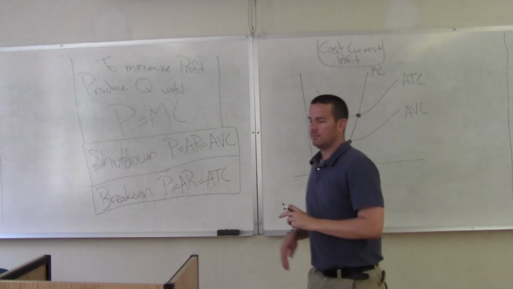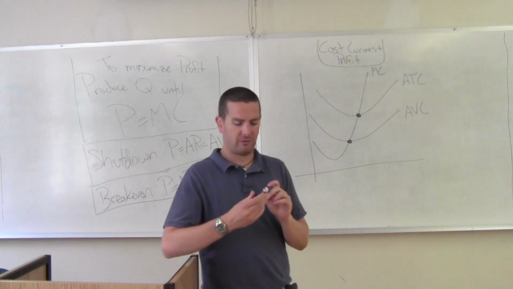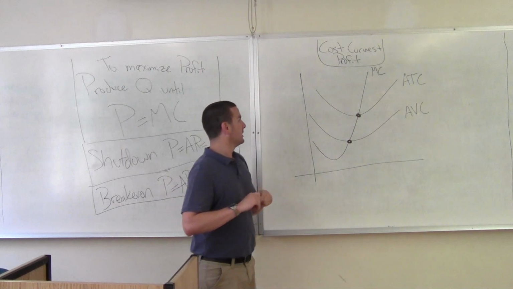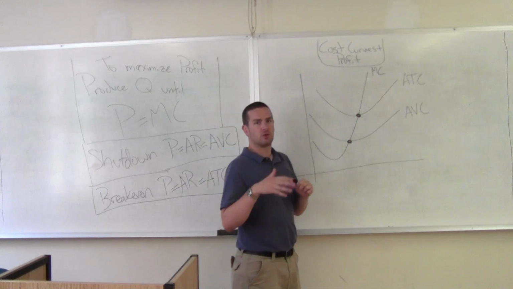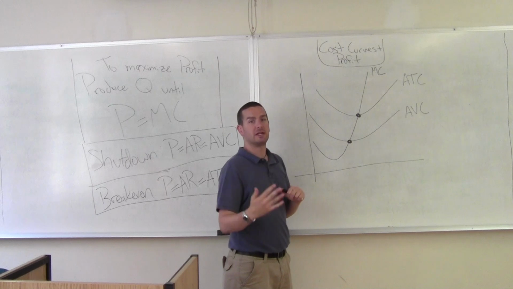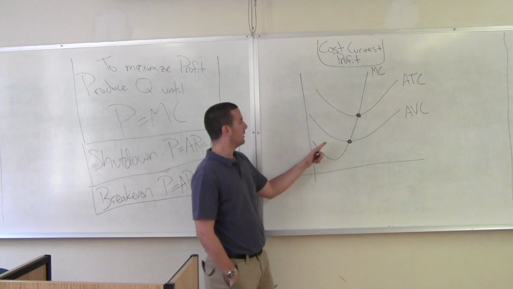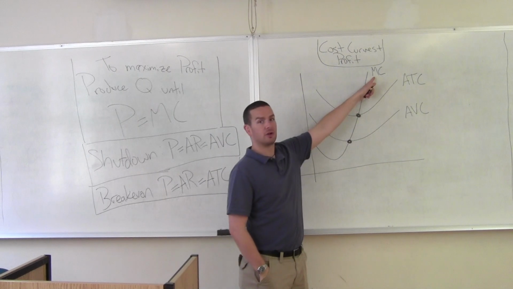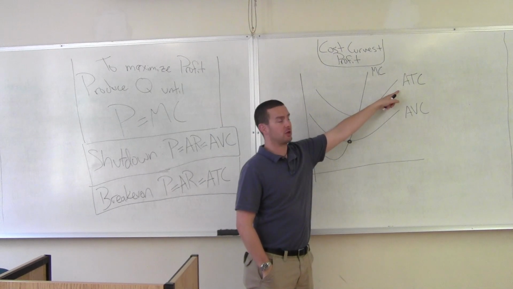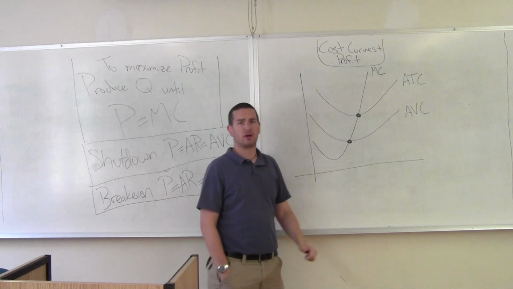Okay. What I've done on the board for now is I've drawn, and I hope this comes across in the video medium, it's usually a lot easier to do this in person, I think. I've drawn the marginal cost curve with the average total cost curve and the average variable cost curve.